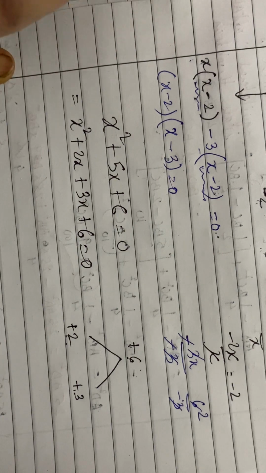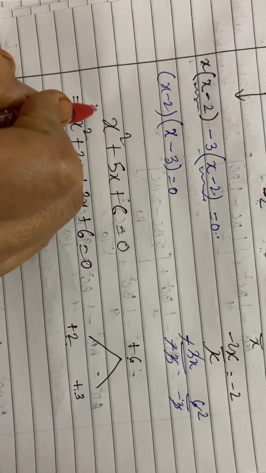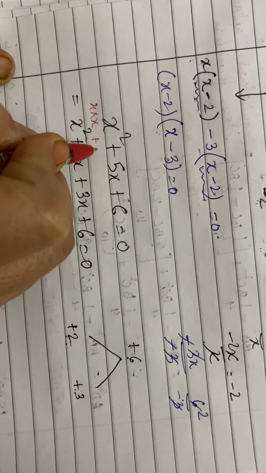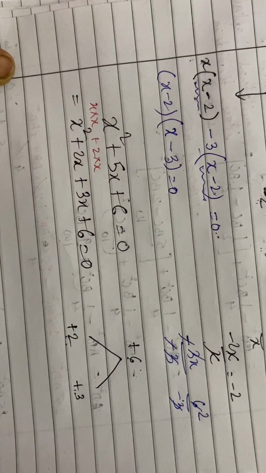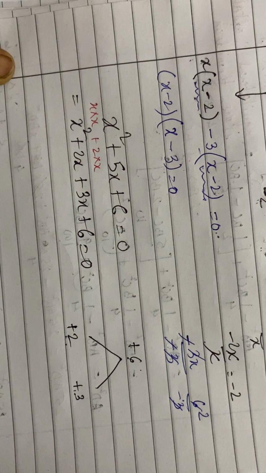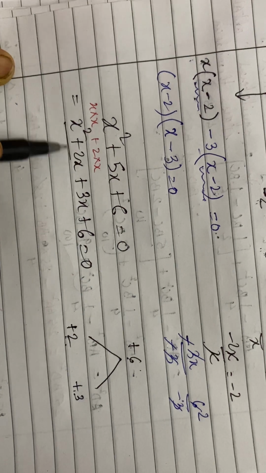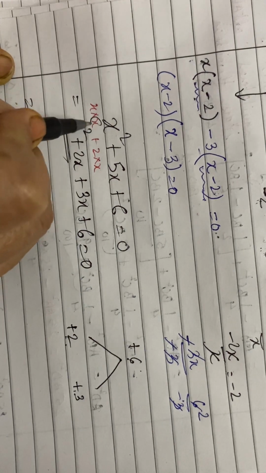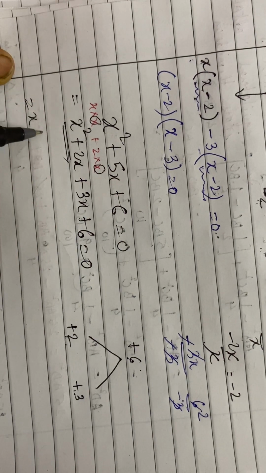Now again, x square means x into x, and 2x means 2 into x. So we take out common. What is the common factor from these two? It is x. If you take out x, here we have x, here we have plus 2.